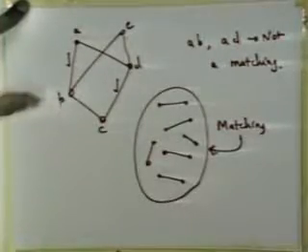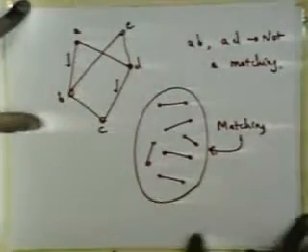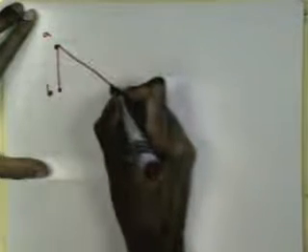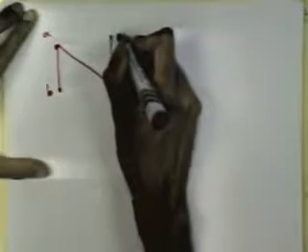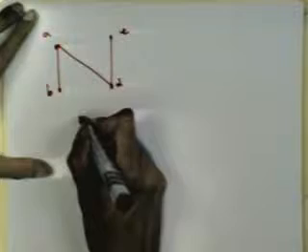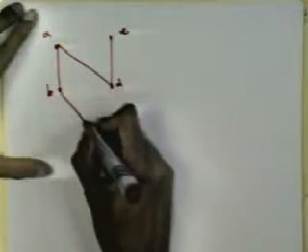Okay, so this graph does not have a perfect matching. Okay. But for instance, if I change this graph slightly, let's see, I have A, B, D, E, and C.